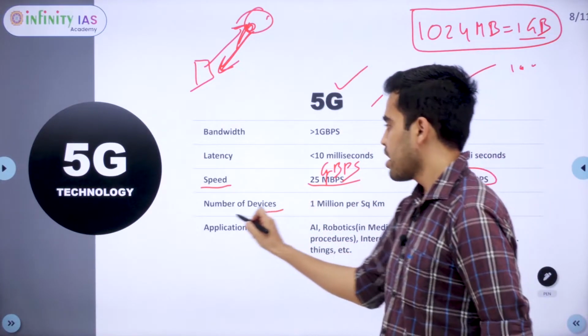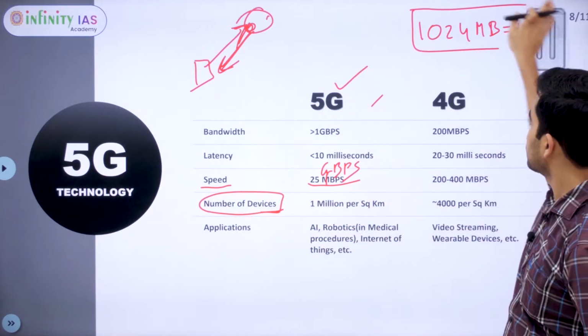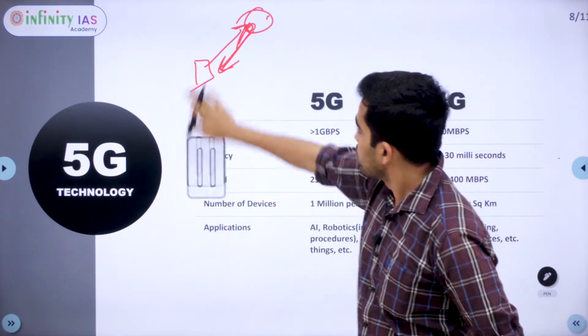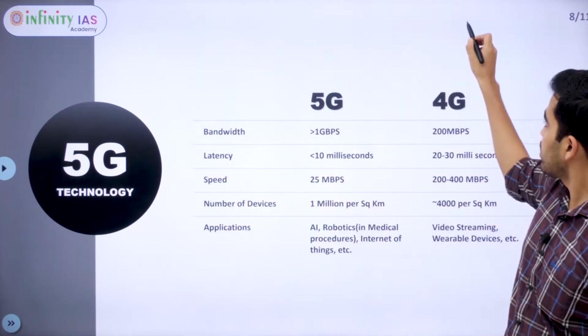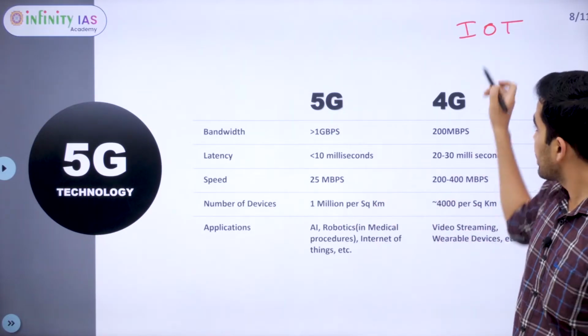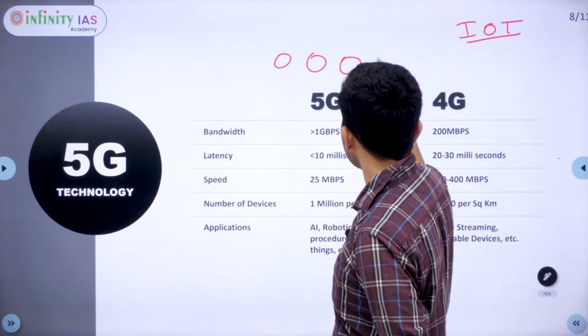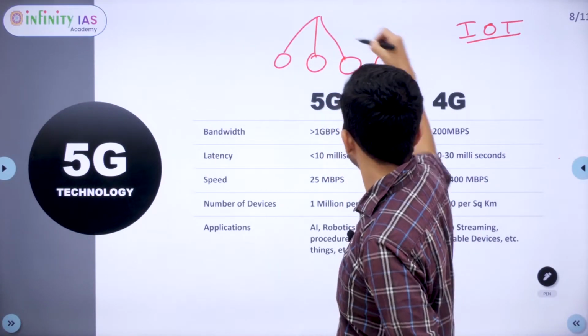And next comes the number of devices. So what is this number of devices? We all know Internet of Things is an emerging technology. Internet of Things means there will be many devices that will be connected.